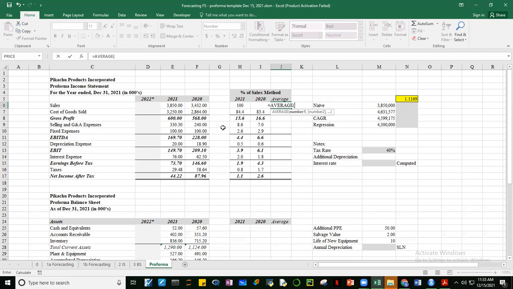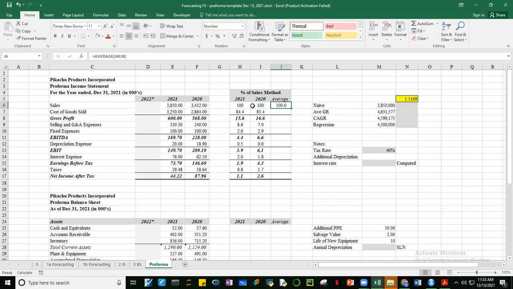So para medyo mabawasan yung abnormal na nangyayari, okay? Pwede nating ina-average natin siya para nata-temper, no? Yung abnormal effect. So we average 2021 and 2020.